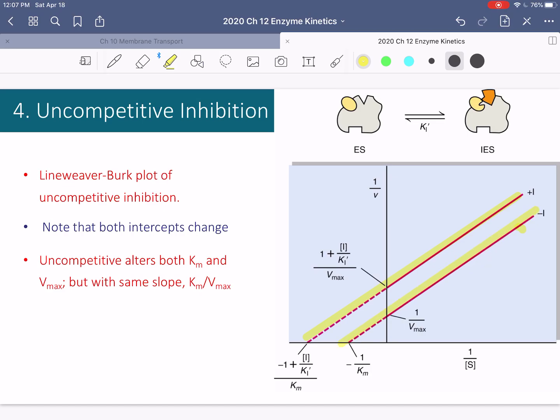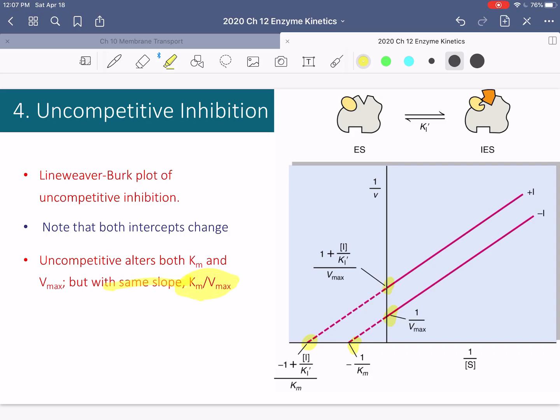What's going on in uncompetitive inhibition is like mixed non-competitive inhibition. You have a change in both the x and y intercept, right? So the Vmax is changing and the Km is changing, but the difference is that the Km over Vmax is the same.